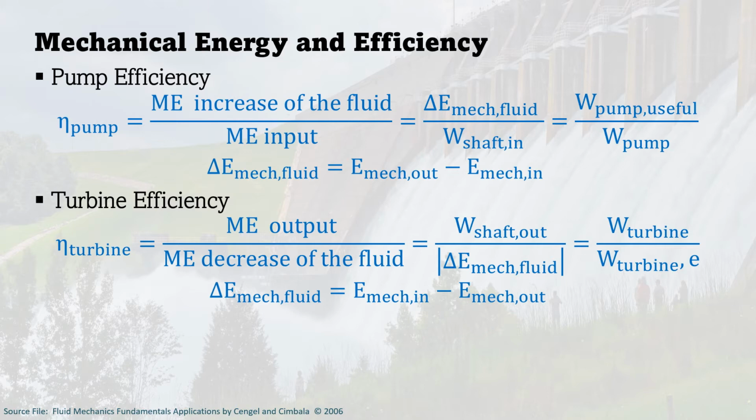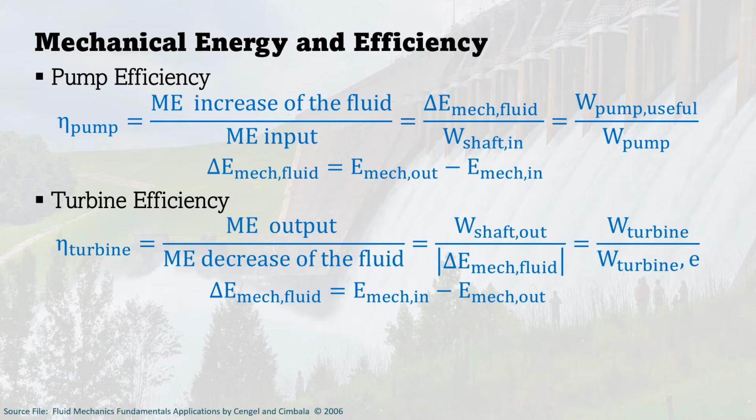So in fluid systems, we are usually interested in increasing the pressure, velocity, and elevation of a fluid. This is done by supplying mechanical energy to the fluid by using a fan, a pump, or a compressor. All of these are actually referred to as pumps.